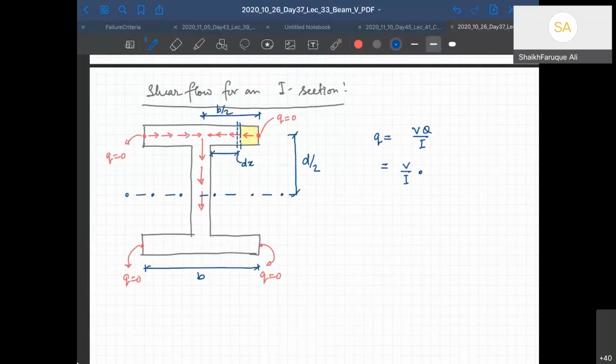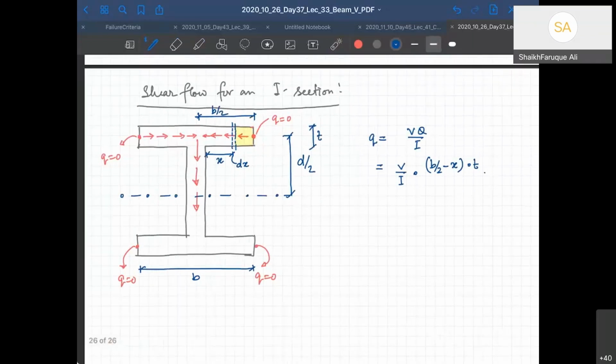Let's say that is small x. So its area is going to be (B by 2 minus small x) into thickness T, because the thickness here I have taken as T, and its moment with respect to the neutral axis is going to be into D by 2.